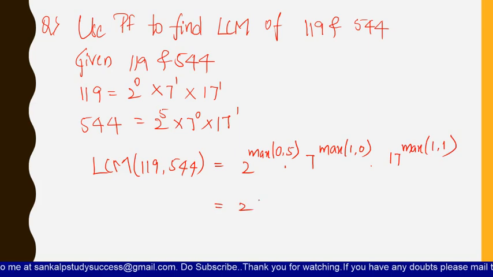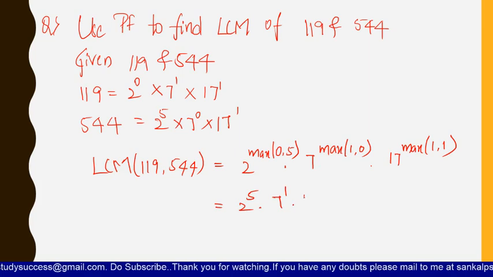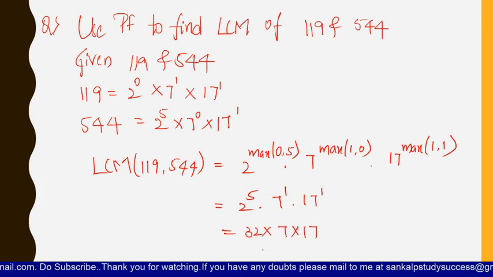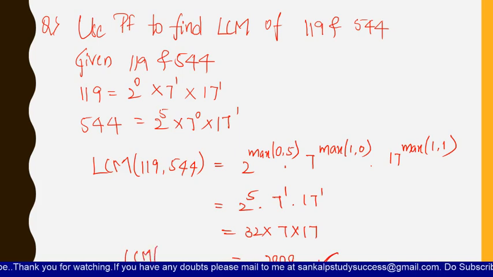So max of 0, 5 is 5, right? 7 to the power of max of 1, 0 is 1, and 17 to the power of 1. So 2 to the power of 5 is 32, correct? Into 7 into 17. If you multiply all this, you will get 3808. That means 3808 is the LCM of 119 and 544.